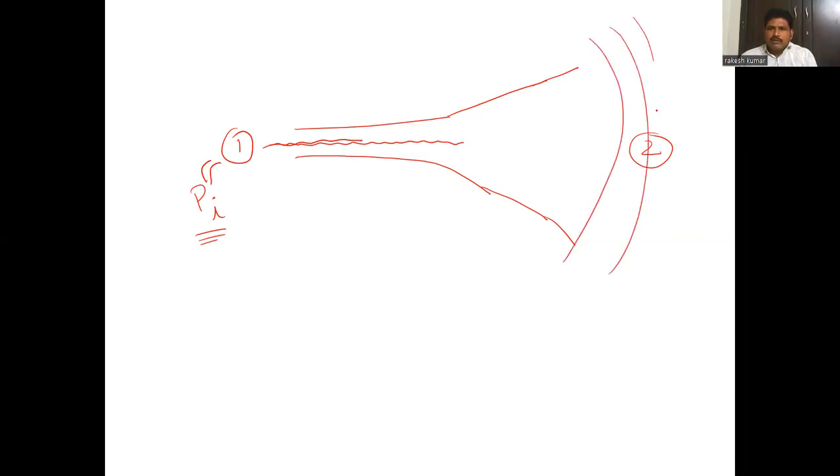In the ideal case, 100% of input power should radiate into the free space. But no antenna or no person in the universe is ideal. So there will be some opposition, some impedance mismatch.